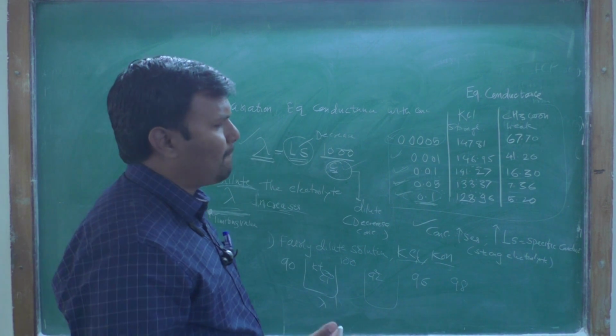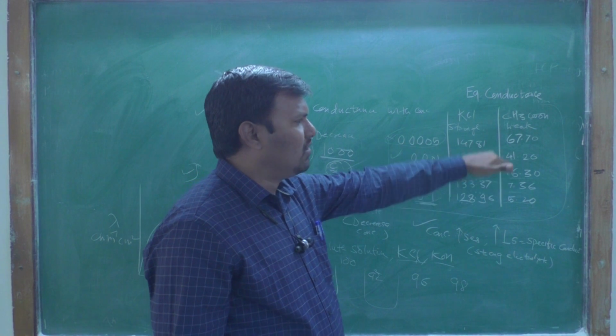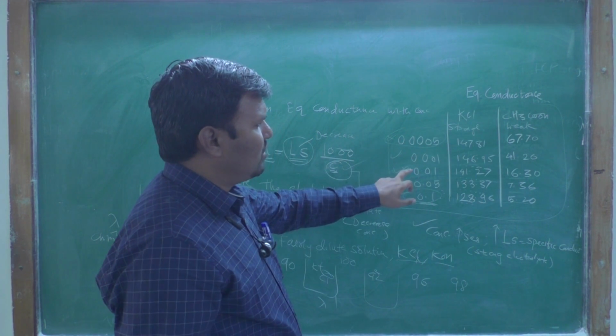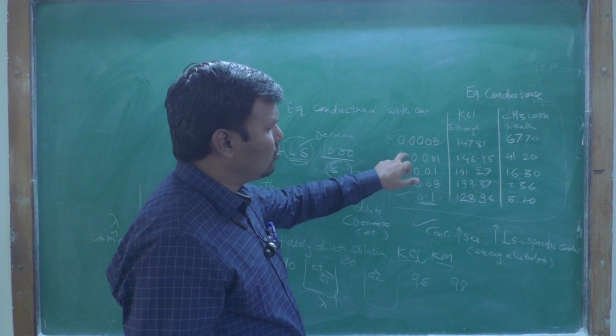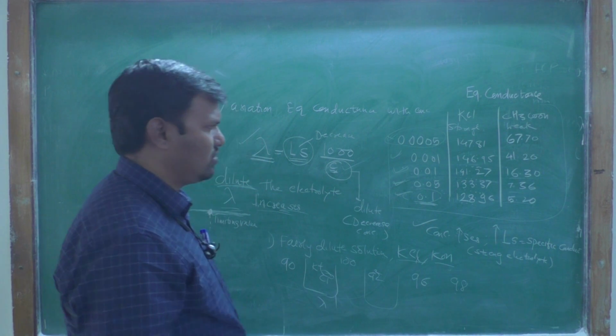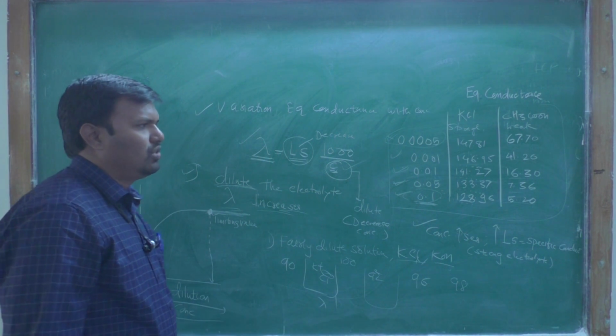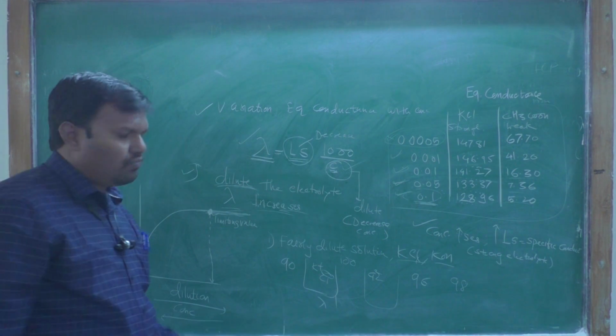For the weak electrolyte, lambda values double or triple when you go from 0.01 concentration to 0.001 concentration. There is an appreciable change when you have the weak electrolyte.